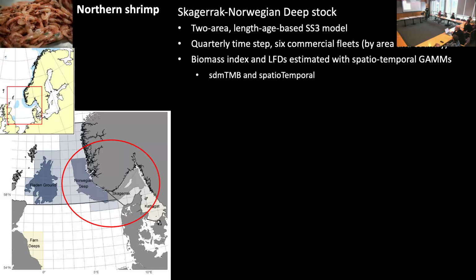Basically, of course, shrimp are length-based, but then converted to age, so it becomes quite complex with the dynamics. But it seems to perform relatively well. There are time steps to deal with the fact that it's a short-lived species. And then we have all the fishing fleets by nation, and especially two areas are covered here, and the Norwegian deep, which we're looking at as separate areas within the same assessment.